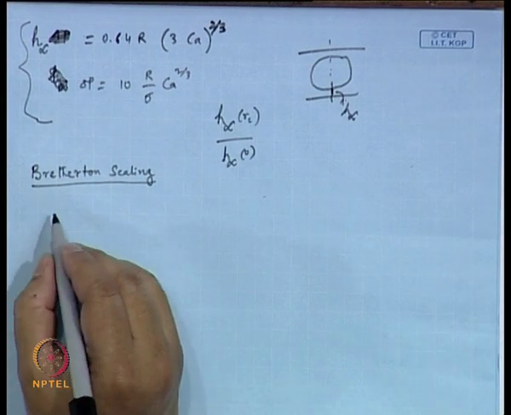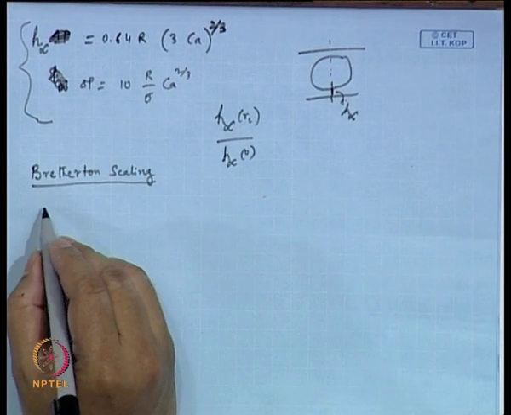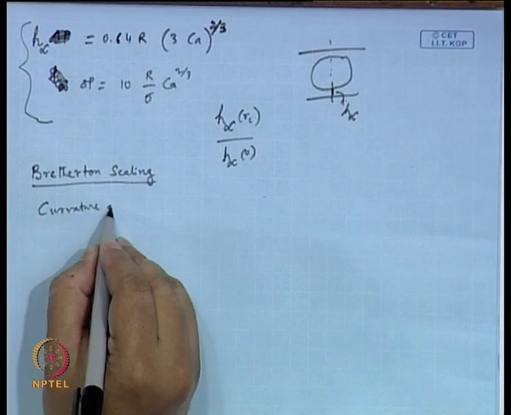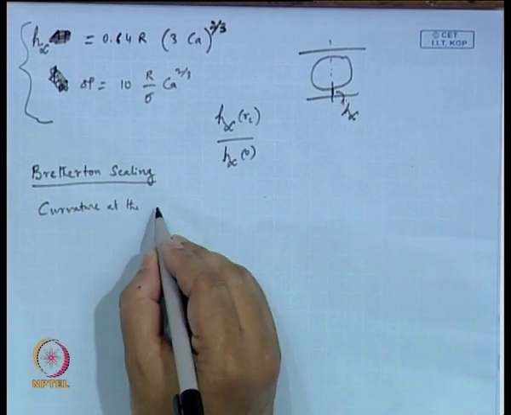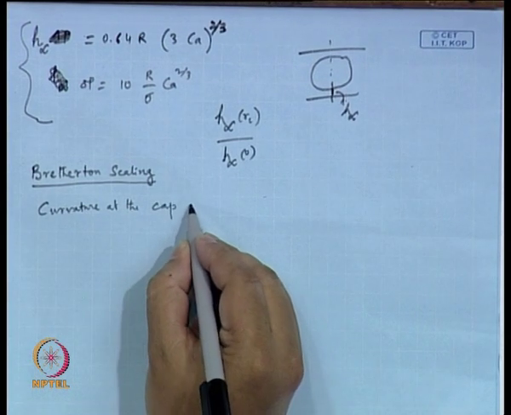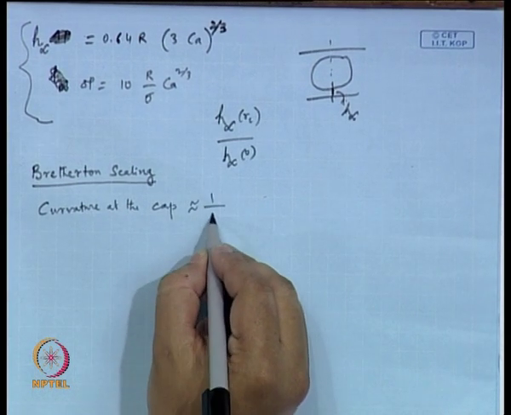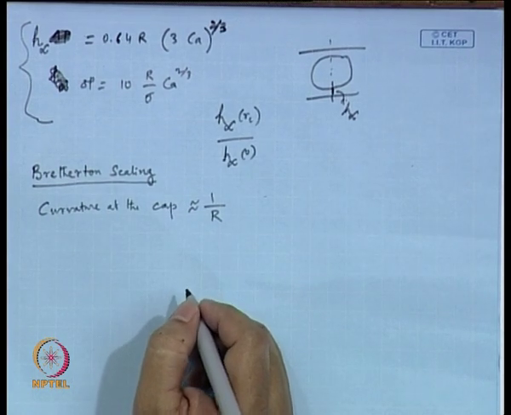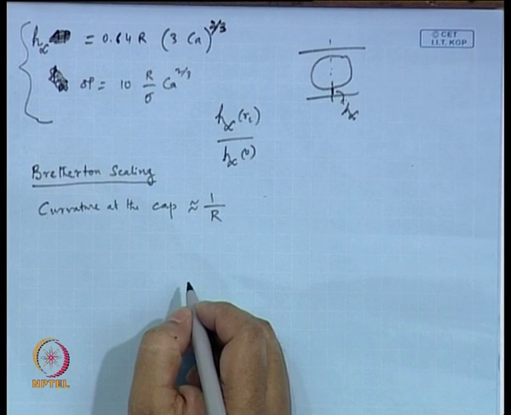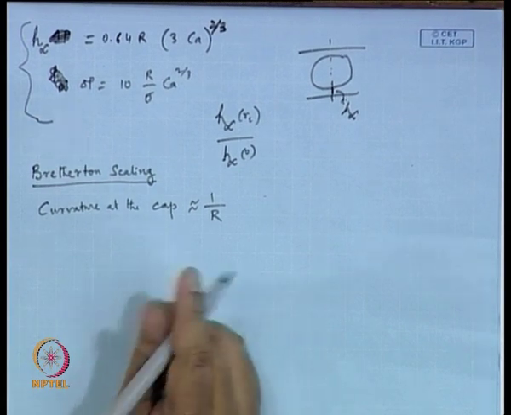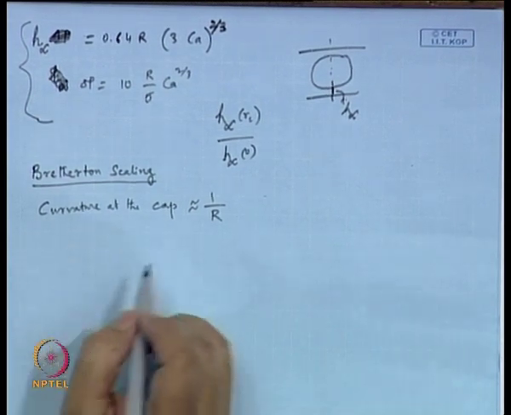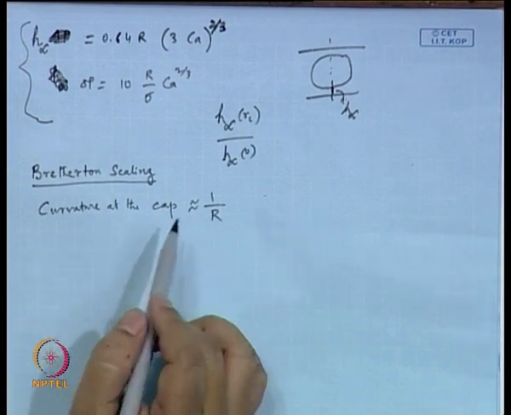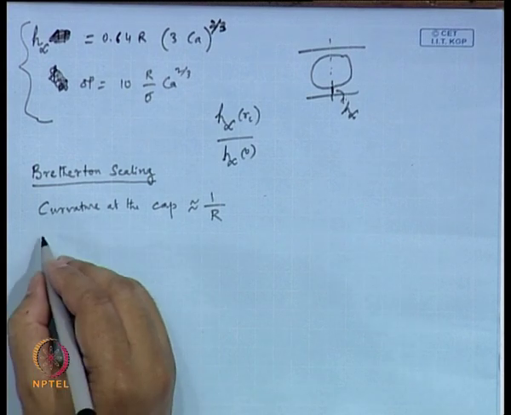One may note that the curvature at the cap is somewhere similar to 1 by R. What is R? R is the radius of the tube, the radius of that microcapillary. This is an approximate one, definitely. I mean, this is not exactly true, but it is an approximate one.